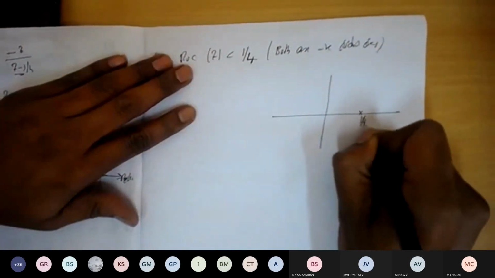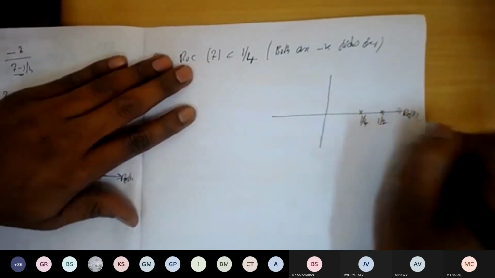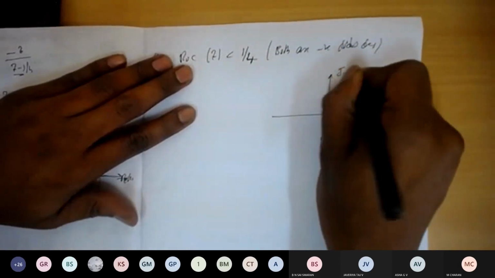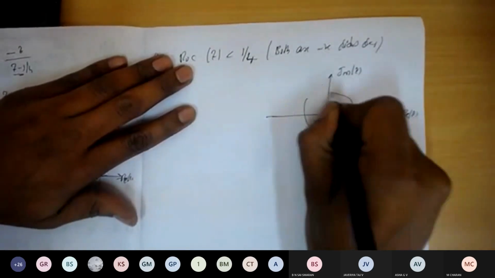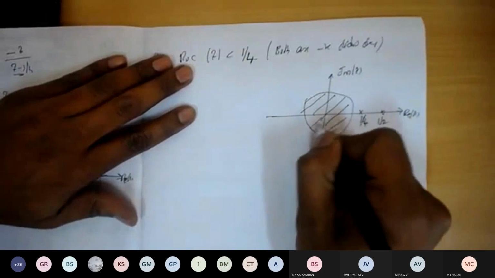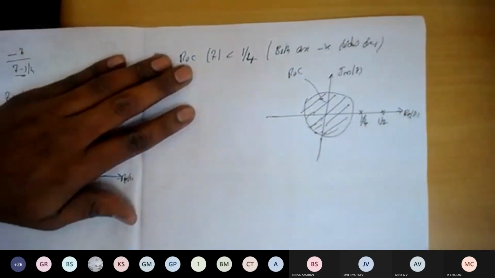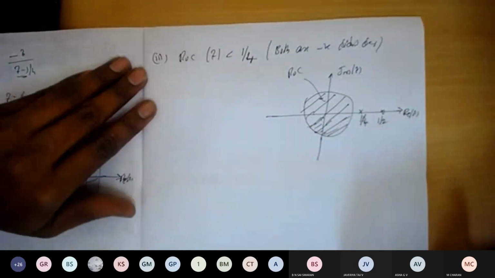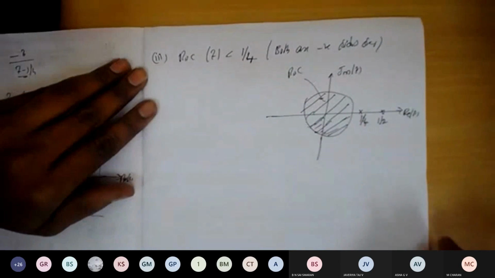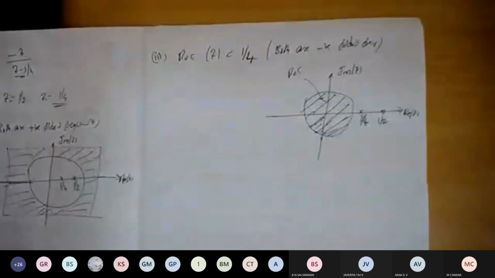This is 1 by 4, this is 1 by 2, and this is the real part of Z and imaginary part of Z. This is the ROC. So both are negative sided sequences. You can find out the x of n accordingly.